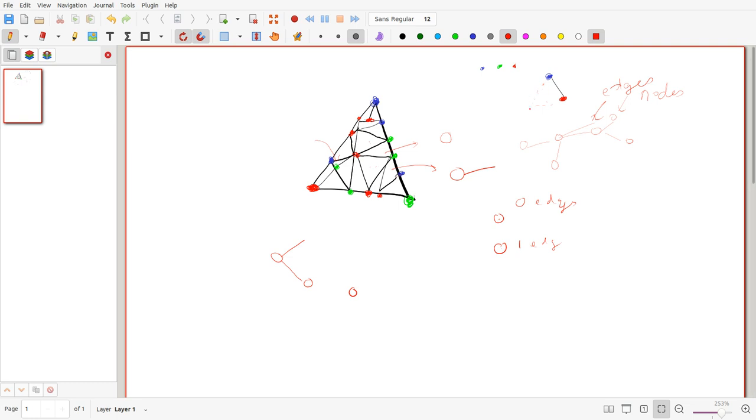After all, this has to be a triangle. So what has to be the color of the node here? This vertex, well, it cannot be red because if it's red, then we suddenly have two red blue edges. Can it be blue? Again, it cannot be blue because again, then we will have two red blue edges. So then it has to be green.